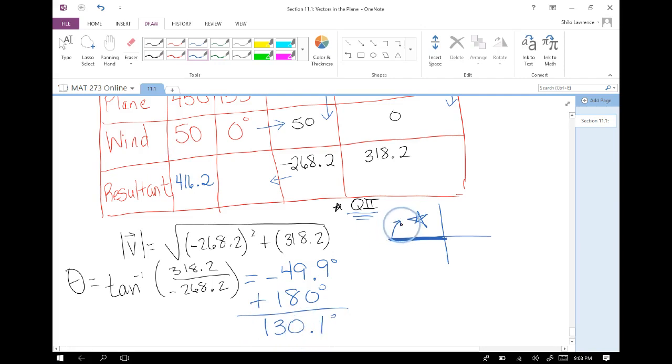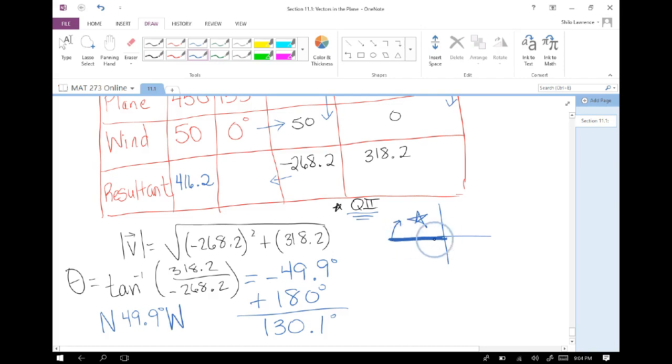The other option would be that we are north 49.9 degrees of west.